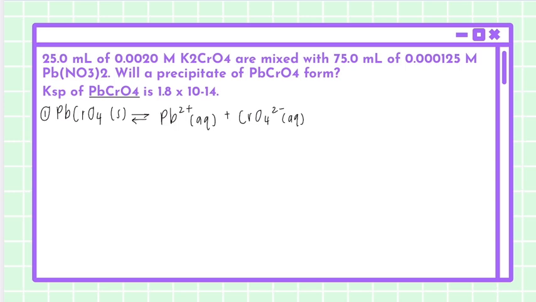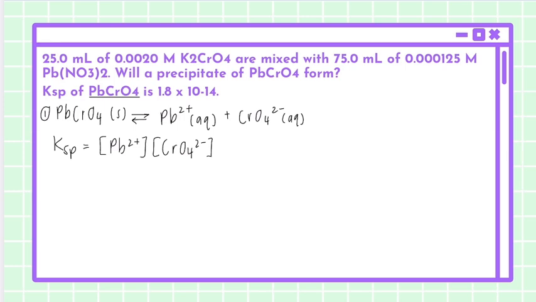Now our KSP is equal to Pb2+ times CrO4 2-. Our coefficients are 1, and we know that in our K equation, PbCrO4 as a solid is not going to be included because we don't include solids. So then finding out how much we have of each separately.